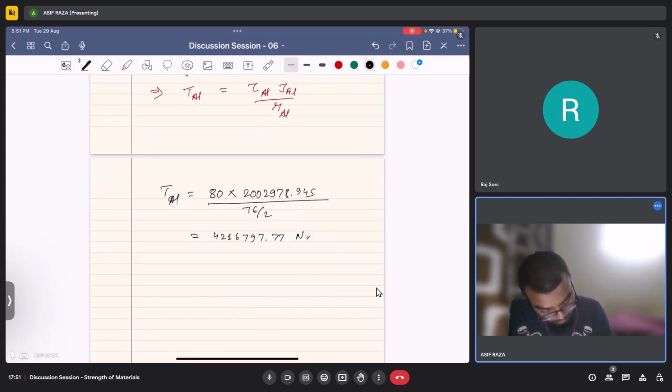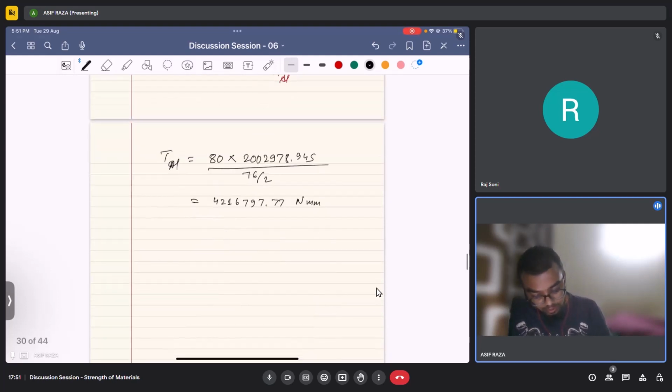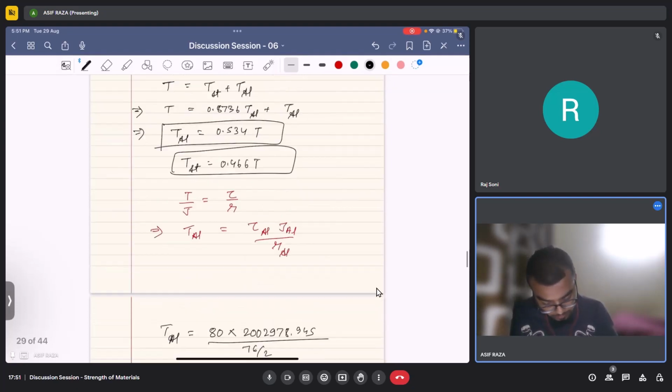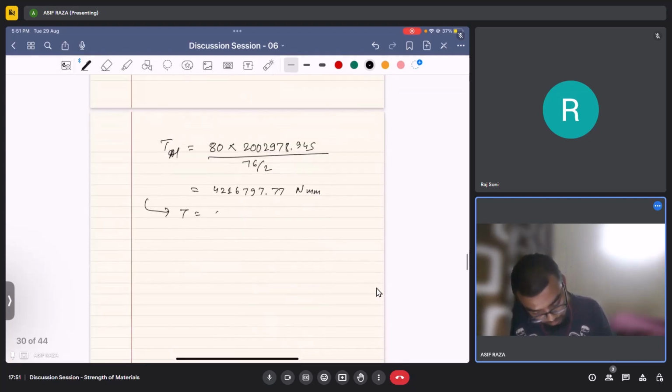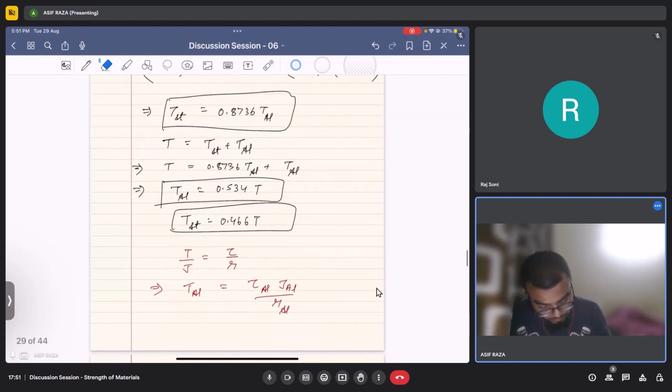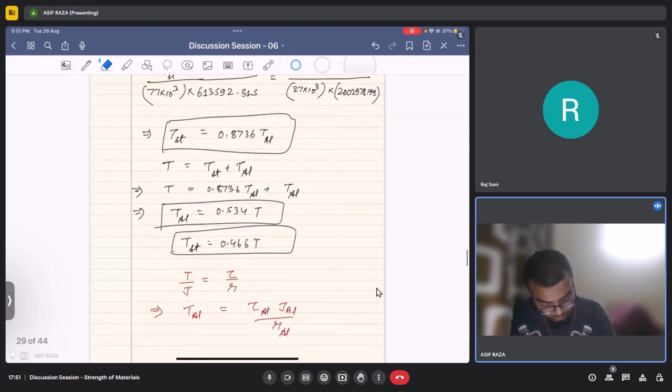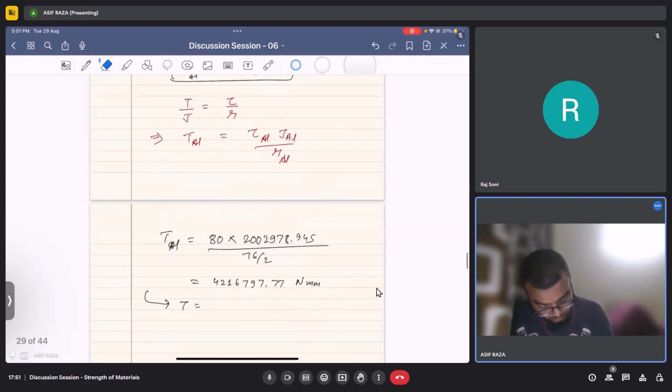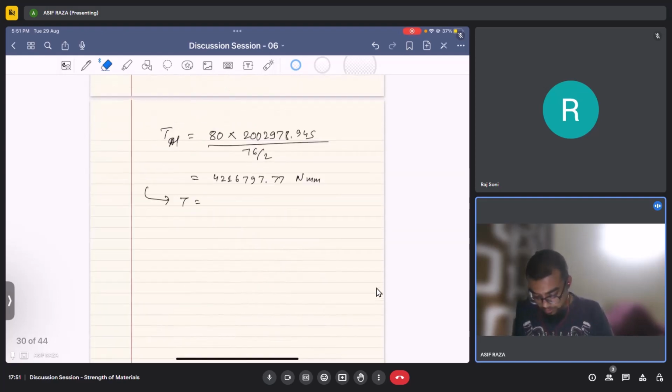This is Newton millimeter. Now according to this, if my T aluminum is this, my T would be equal to this divided by 0.534.